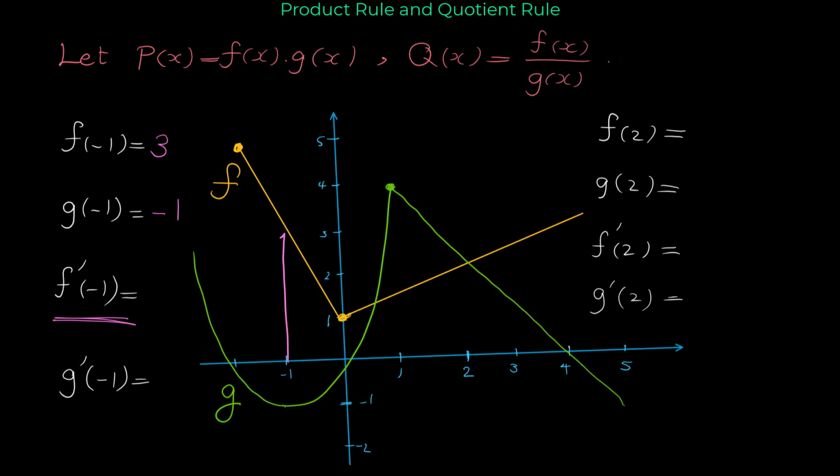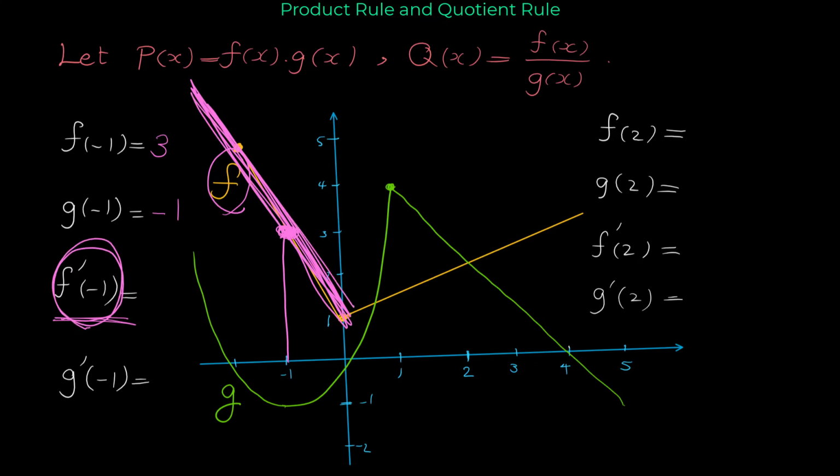Point -1 is here on the curve f. And because this point lies on this line, basically the slope of the curve f is the slope of this line. So f prime of -1 is the slope of this line.